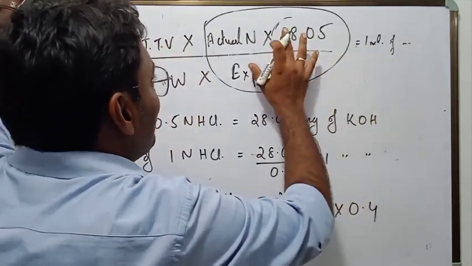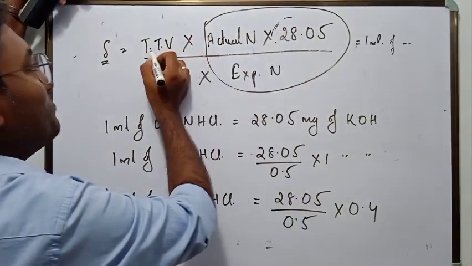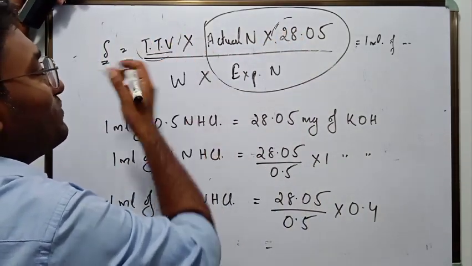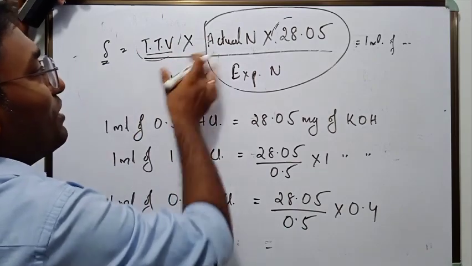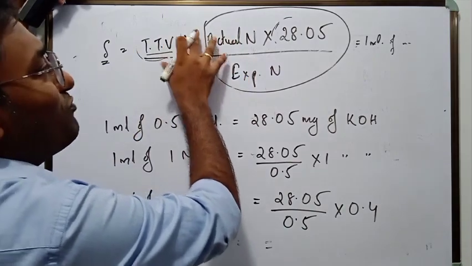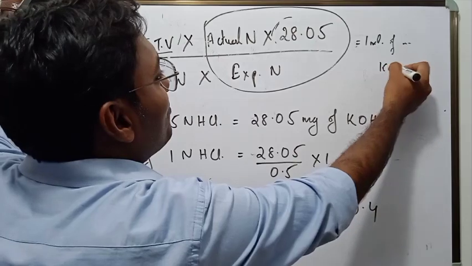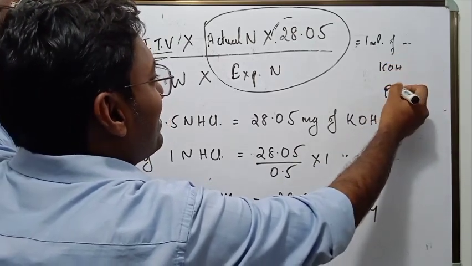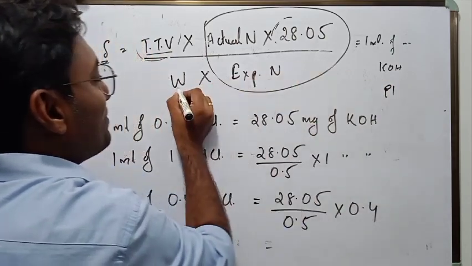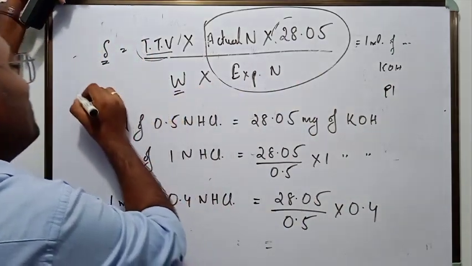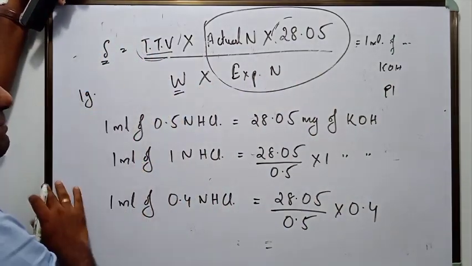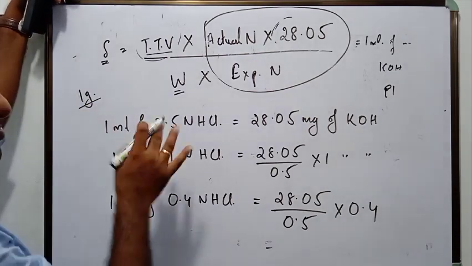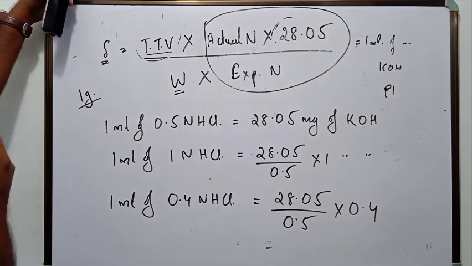If you multiply it by the titer value, you will get the total amount of KOH that is there in the round bottom flask. If you divide it by total weight, you will get it for 1 gram of oil, right? I hope you have understood this concept.